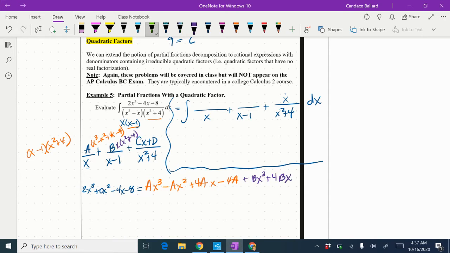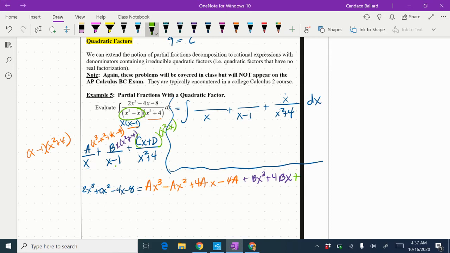Then for this one here, I'd have to multiply by x times x minus 1, which we already know when we multiply that, we get x squared minus x, and instead of just distributing, I'm actually going to FOIL. And I wrote way too big. I should have written smaller to squish this.